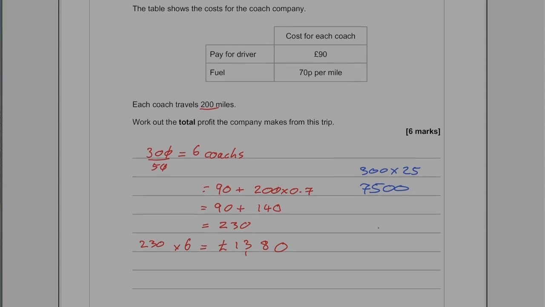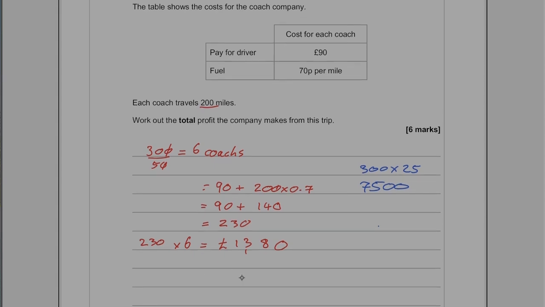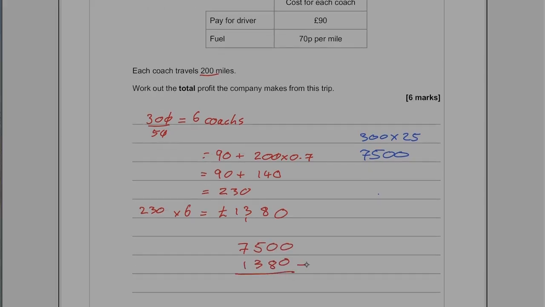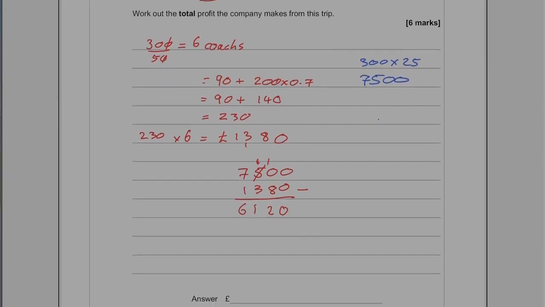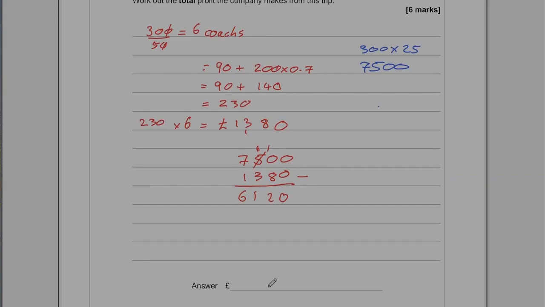So I then want to do the amount of profit, 7,500 minus 1,380. 0 take away 0 is 0. 8 take away 0 can't do, so we exchange. 10 take away 2, 8 is 2. 4 take away 3 is 1. And then 7 take away 1 is 6. So I make it £6,120 profit.